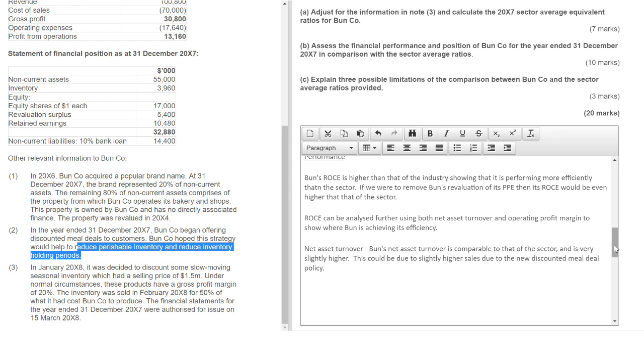I think the key thing, however, is that this change in return on capital employed is all about your operating profit margin.